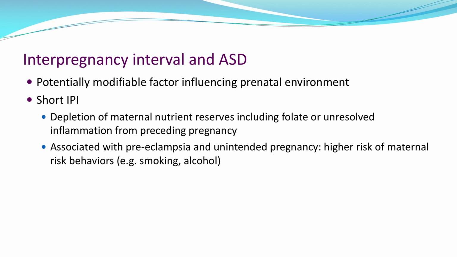The short interpregnancy interval could be an indicator of the depletion of maternal nutrient reserves, like folate, which Rebecca Schmidt studies, or unresolved inflammation from a preceding pregnancy. And it's also associated with risk factors like short-stature studies, preeclampsia, and unintended pregnancy, and a higher risk of maternal risk behavior. So it's a kind of a marker of a variety of exposures that could potentially precipitate risk of autism.